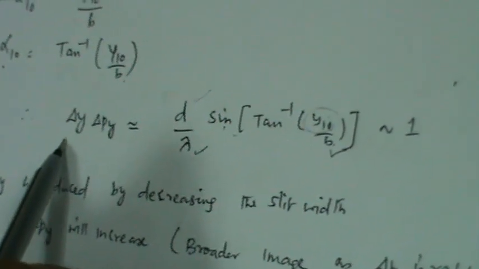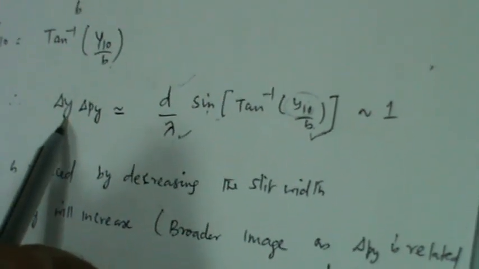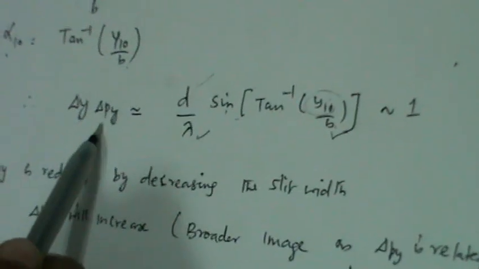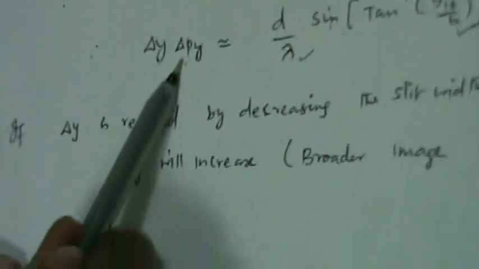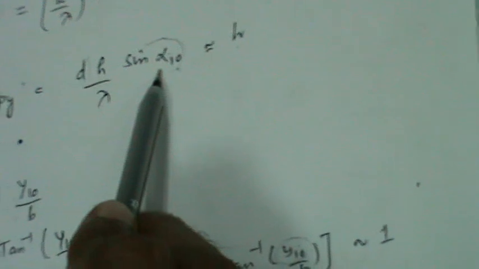If you look at this expression, if we want to make the uncertainty in the y component of position less by making the slit width less, then delta py will increase. Remember, delta py is related to alpha 1 0. Alpha 1 0 is nothing but the angle of deviation.